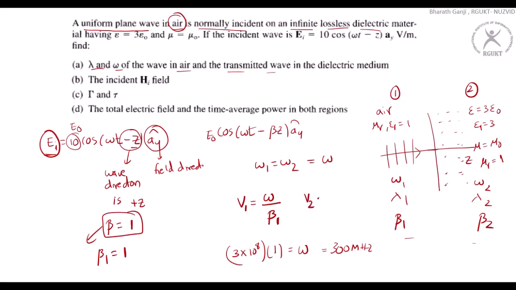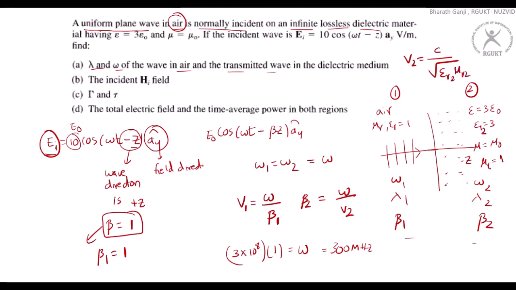I can also say that v2 is equal to omega divided by beta 2, or from here beta 2 is equal to omega divided by the velocity v2. What is the velocity in the second medium? It is given by c divided by the square root of epsilon r2 times mu r2.